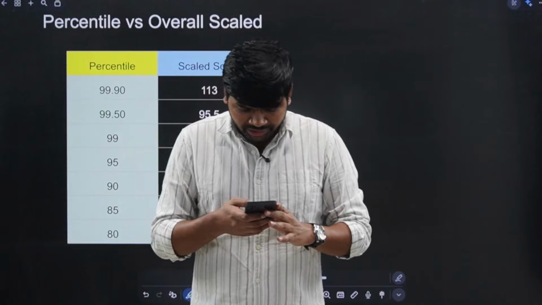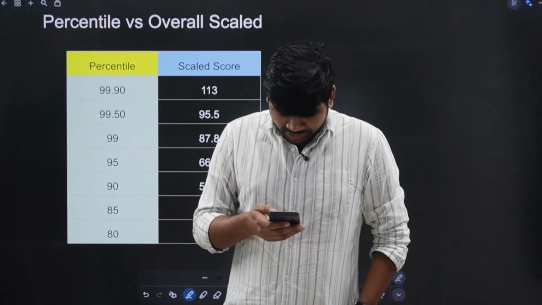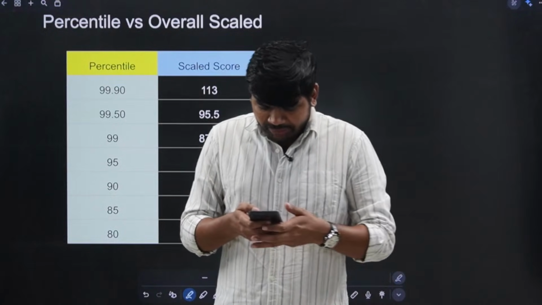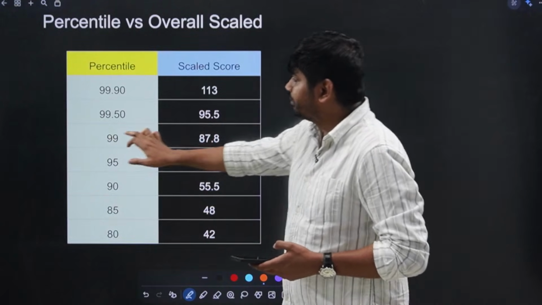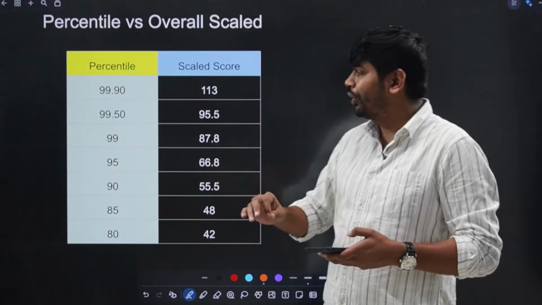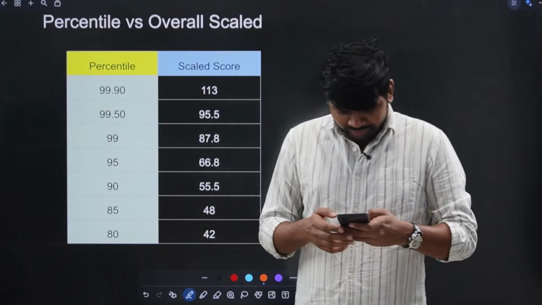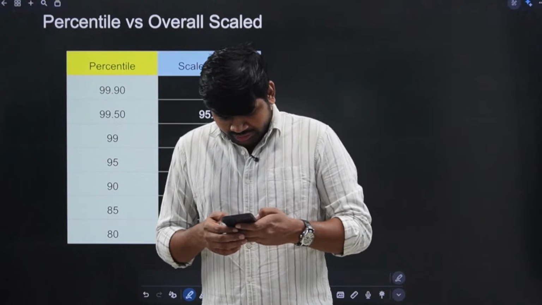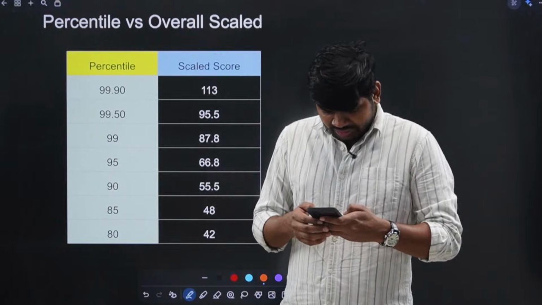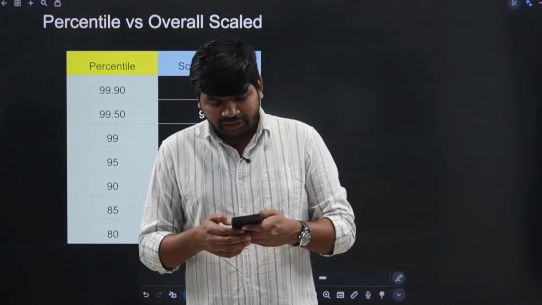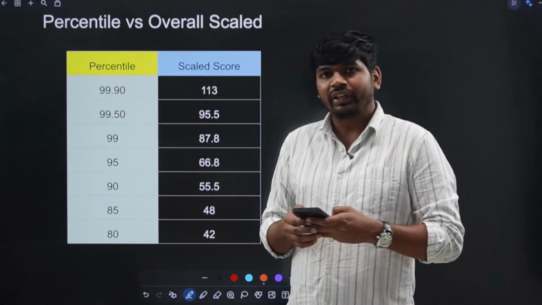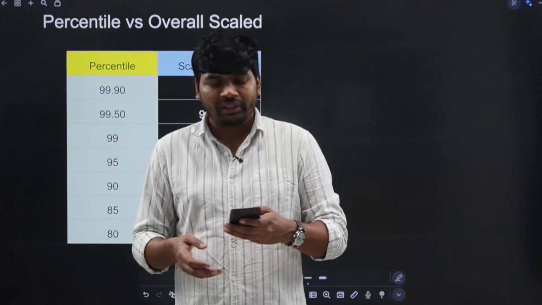That is why this is happening. 89.9 scale score percentile will be above 99, somewhere between 99.2 and 99.3. So scaling is affecting both ways. People who did well will scale up, and who did not do well will scale down.